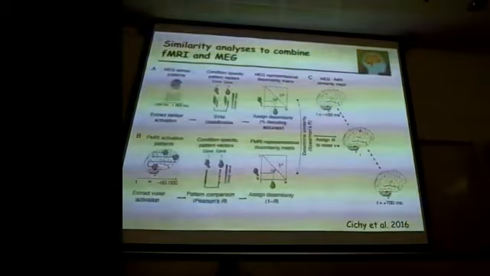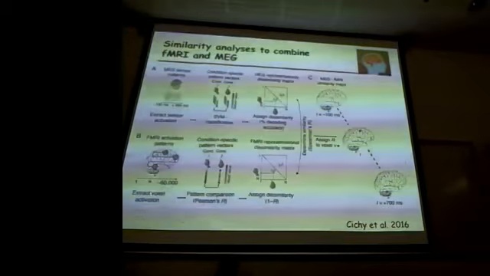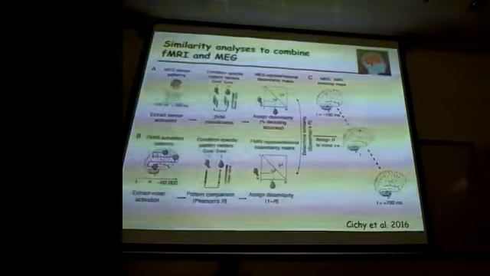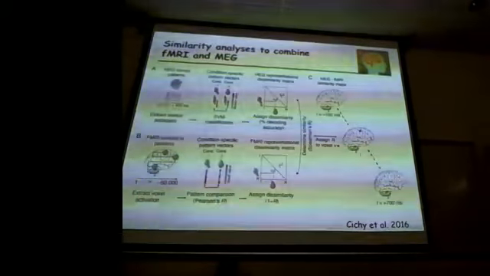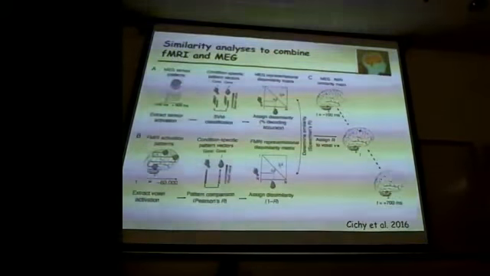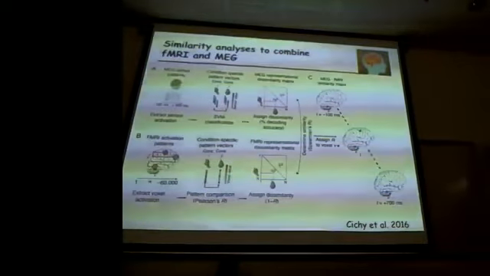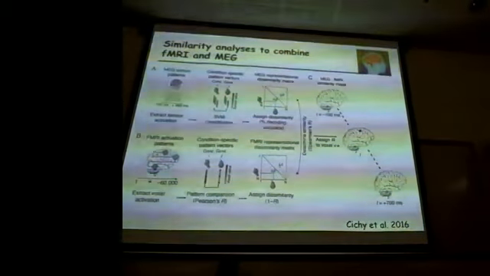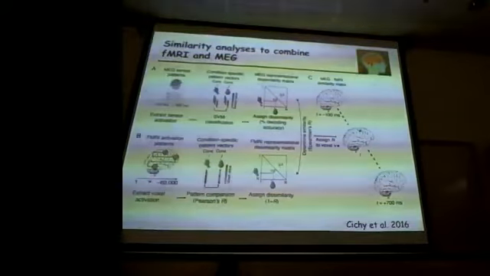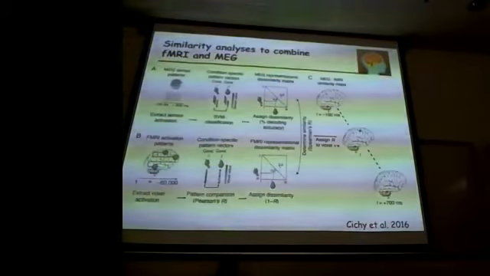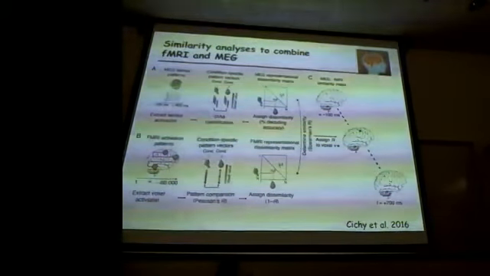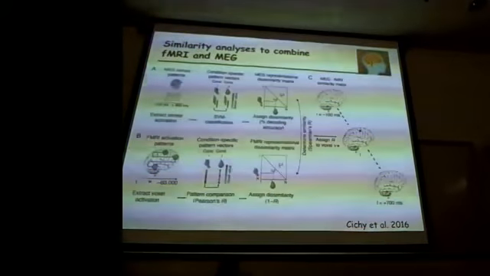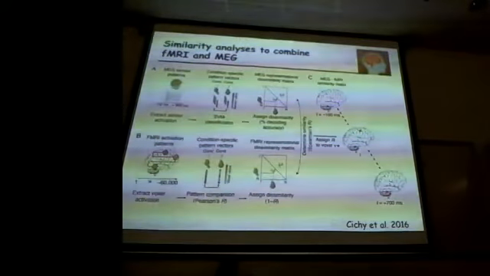So if you're doing evoked responses, then you can look at the timing differences that I showed. If you're doing time frequency analysis, then you look at that. This approach isn't actually doing source localization with the MEG. It's trying to combine the fMRI and the MEG data by looking at similarities between those two.